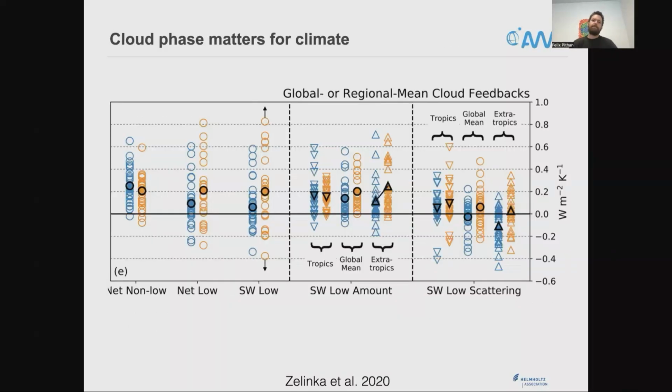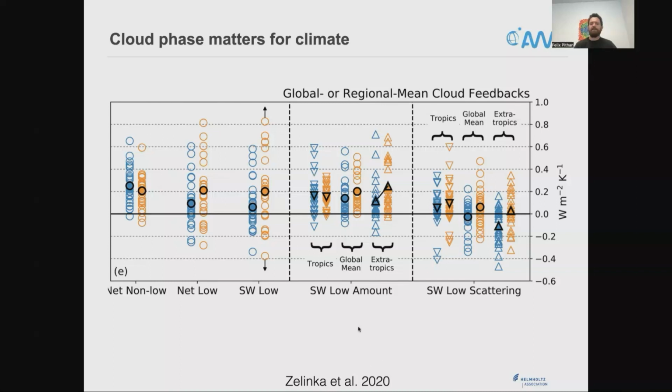I mentioned that supercooled liquid water was not very well represented in CMIP5 models, and quite some developmental work has gone into improving that. One of the results was, as was somewhat anticipated, an increase in the extratropical low cloud feedback.